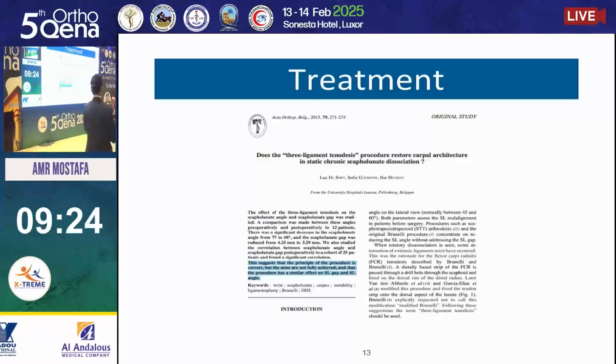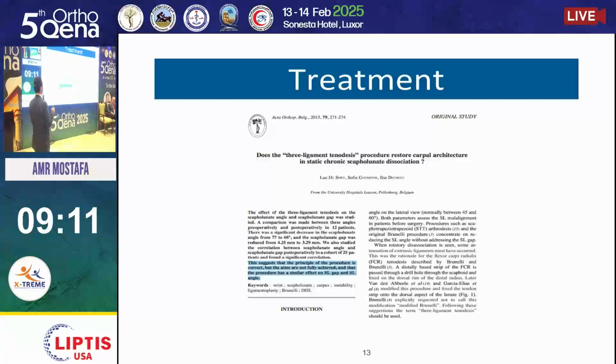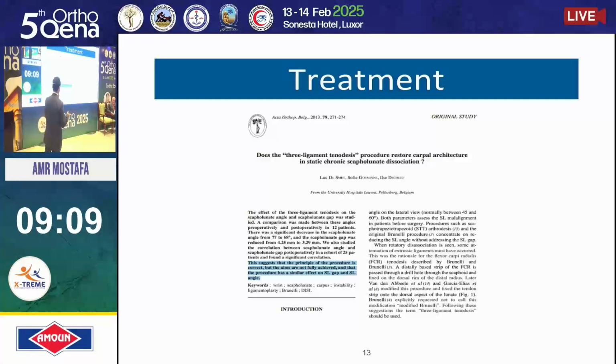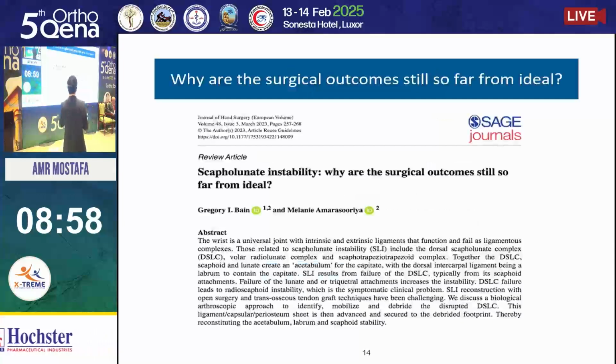And he found that the patients are satisfied, but still there is a problem. It is not the ideal thing, okay? Since he found that the gap decreased from 4.25 to 3.29, and even the flexion angle from 77 to 65. So he stated the patients are satisfied, but it is not the ideal result.